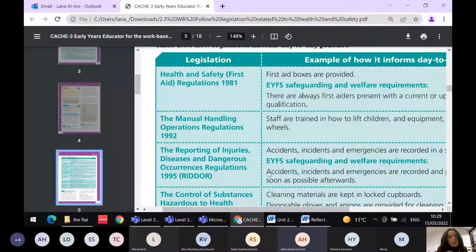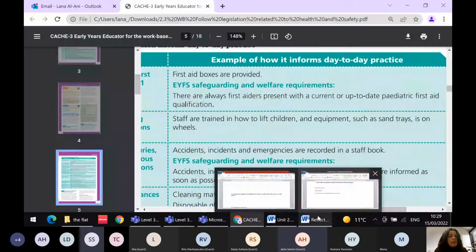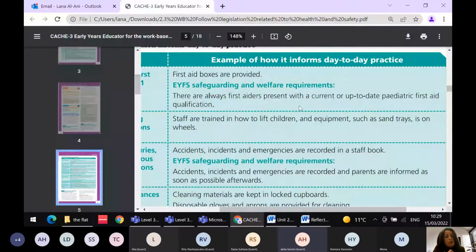So I have legislation for health and safety first aid regulation 1981. It informs our day-to-day work in the nursery by having a first aid box always in place. Also, at least one person should be trained as a first aider and should be present at all times.